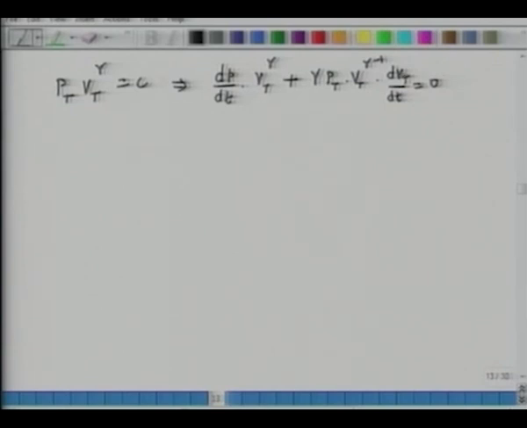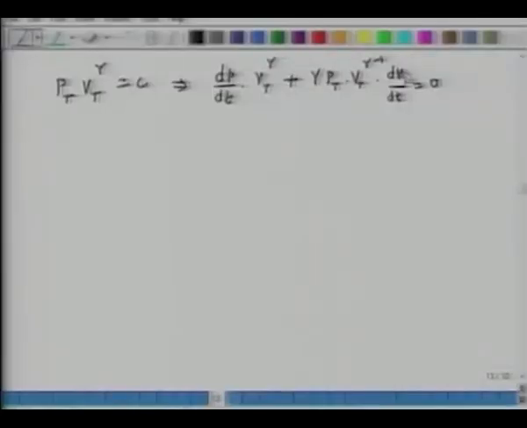V_T is the original volume plus the change in volume, which was tau, and the original volume does not change with time. So I can erase this and I can replace it with d tau.